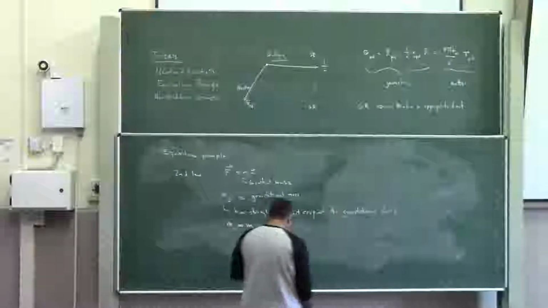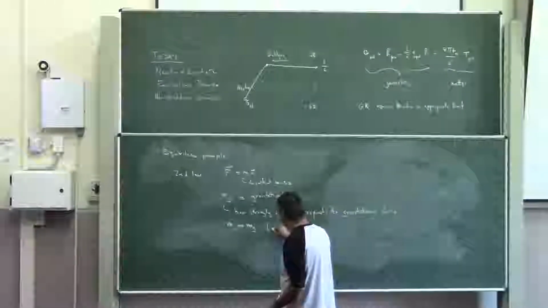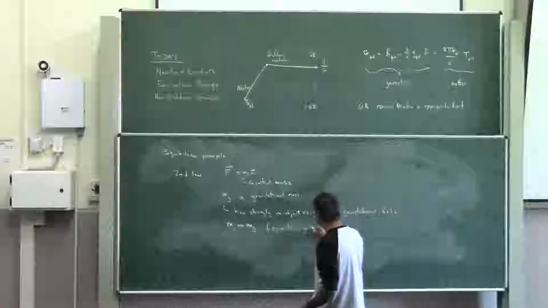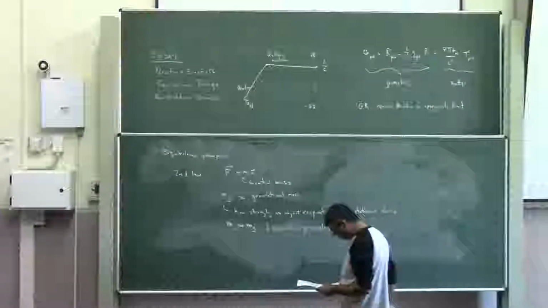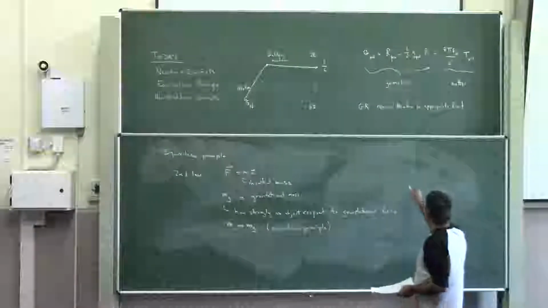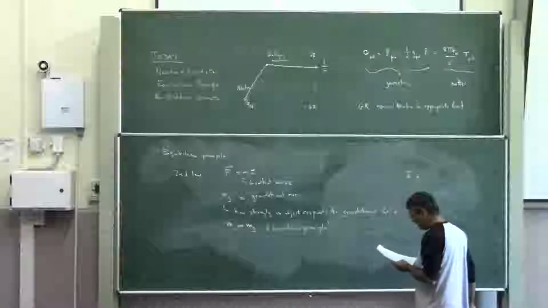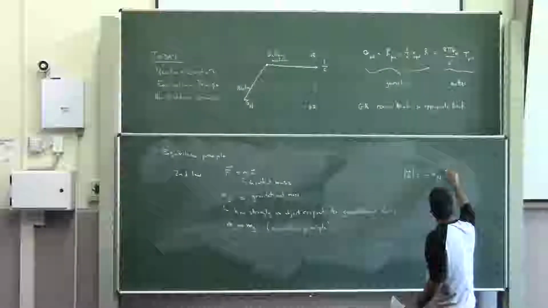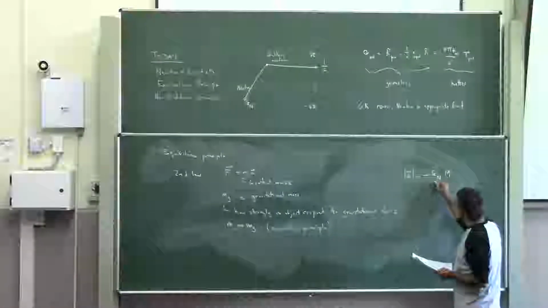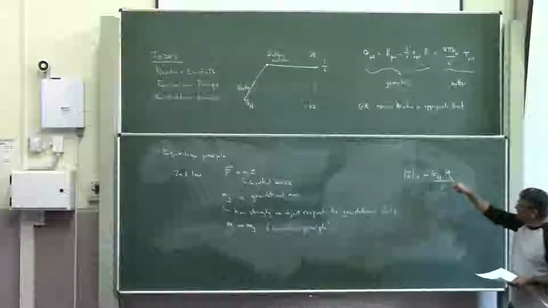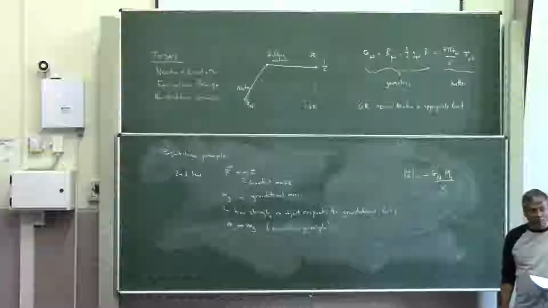So this is one version of the so-called equivalence principle. If you look at the acceleration of an object due to gravity, this acceleration is minus G Newton, some other mass, over r squared. We put the subscript g to indicate this is a gravitational mass rather than an inertial mass.